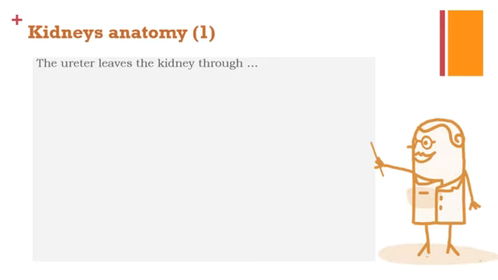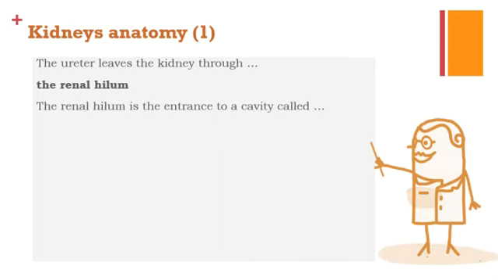Now let's concentrate on the kidney. The ureter leaves the kidney through, and blood and lymphatic vessels enter and exit through, the renal hilum. The renal hilum is the entrance to a cavity called the renal sinus.